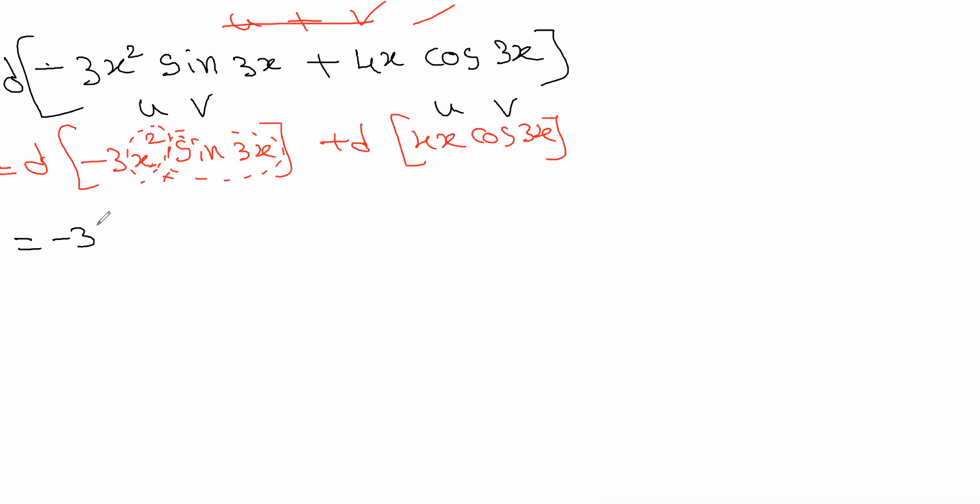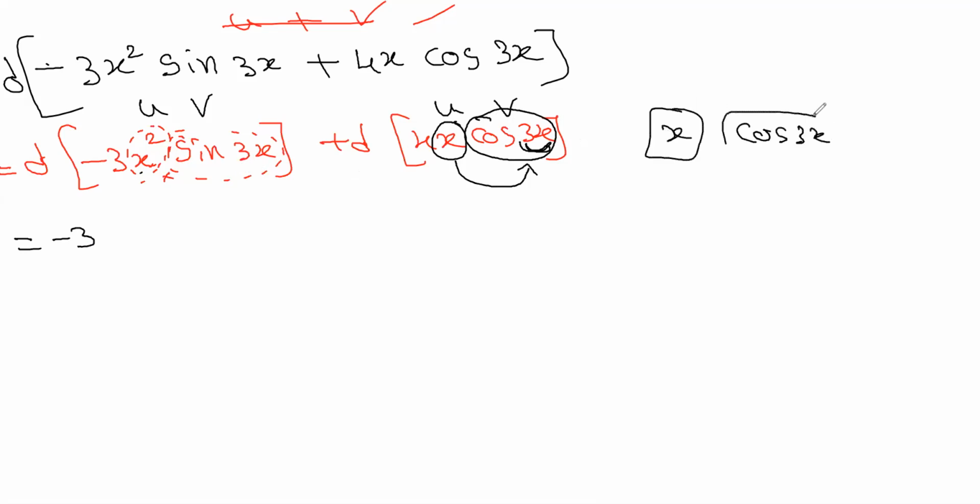Can you multiply the functions with each other, like 4x into cos 3x? The 4 goes out, right? So can you multiply the x with 3x? No. x is one function, cos 3x is another function. Here 3x is inside. You can't send x to this one. x is one boundary, cos 3x is one boundary.